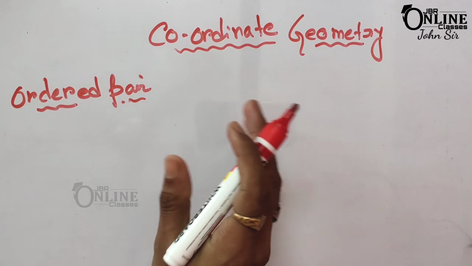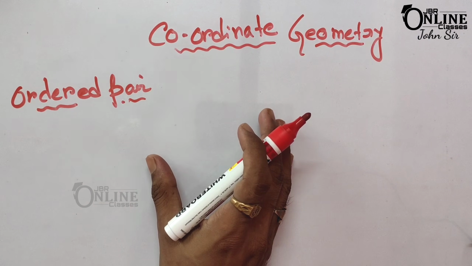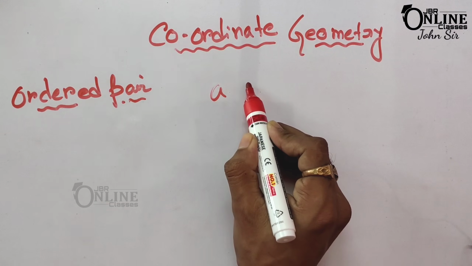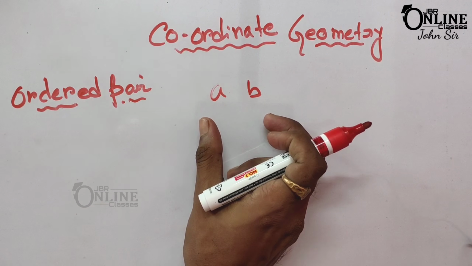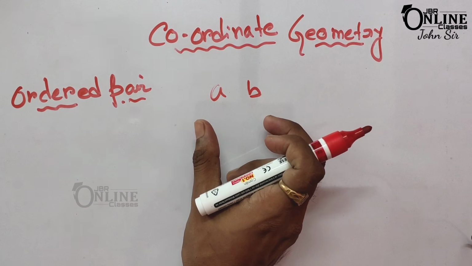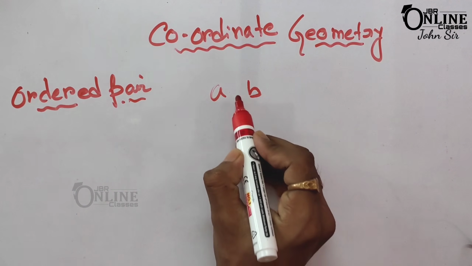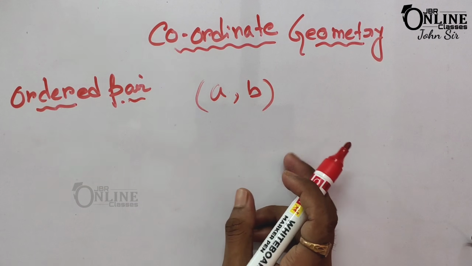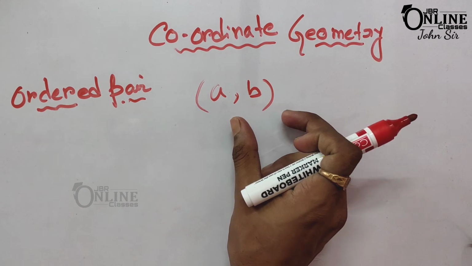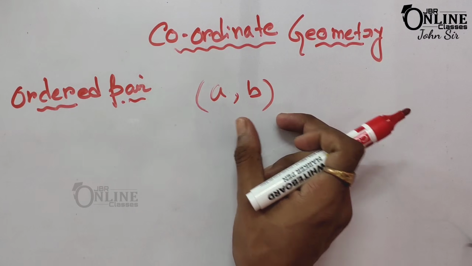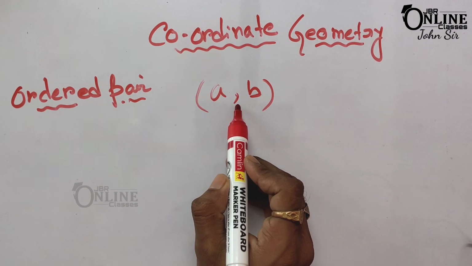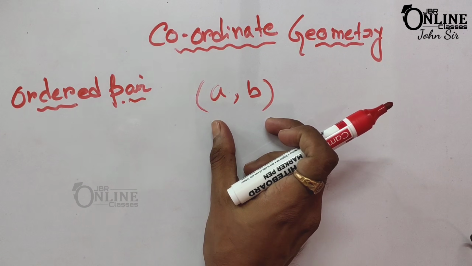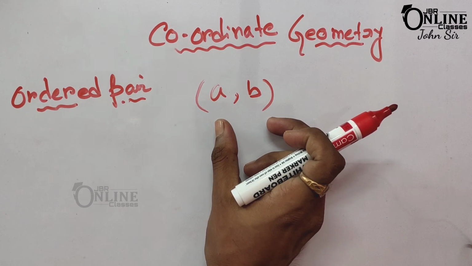Suppose here two objects, the first one is A and the second one is B. If these two numbers are separated by a comma and enclosed by a pair of brackets, then it is called an ordered pair.